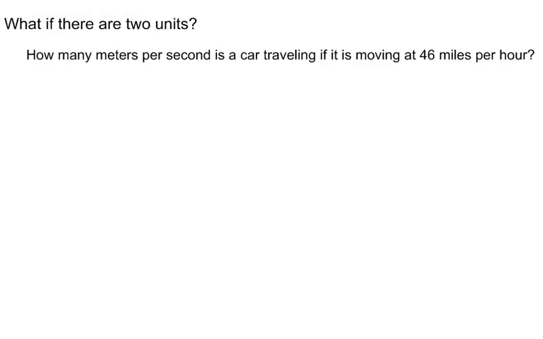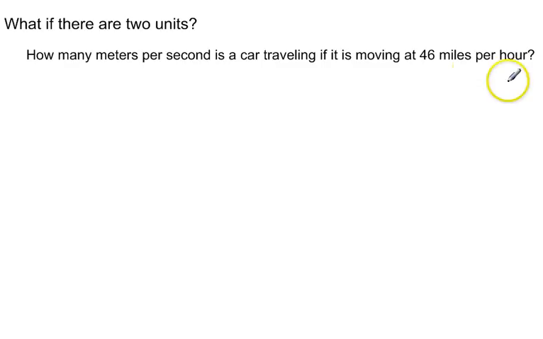Now, what if there are 2 units? This is where it can get supposedly pretty easy. You have a car traveling 46 miles an hour. It's only in the United States that we use miles per hour. The rest of the world uses kilometers per hour or sometimes meters per second.